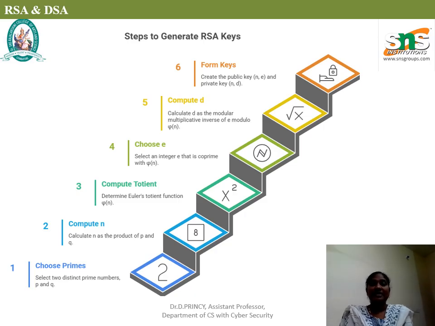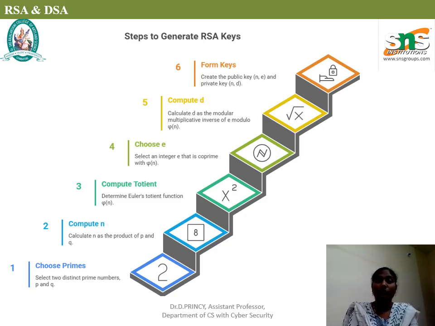The steps to generate RSA keys. First, we have to choose two prime numbers P and Q. Next, we have to compute n. N is nothing but the product of P and Q. Next, we have to compute totient, which determines the Euler's totient function, totient of n. Next, choose E. E is an integer that is co-prime with totient of n.